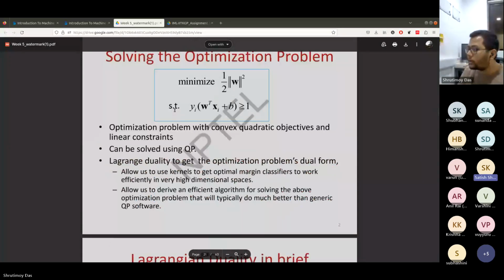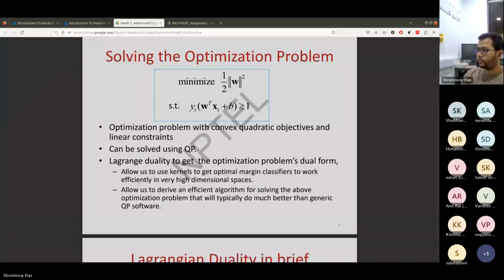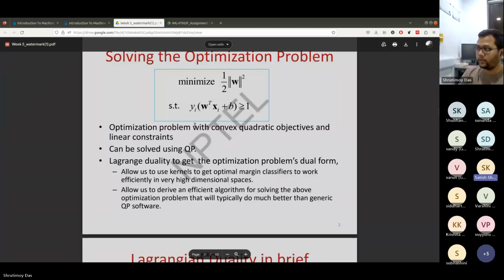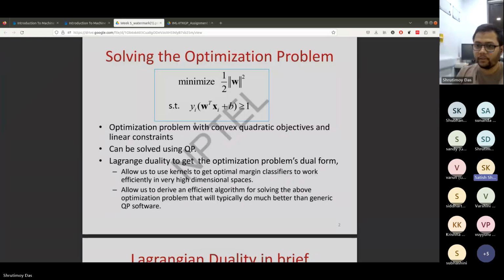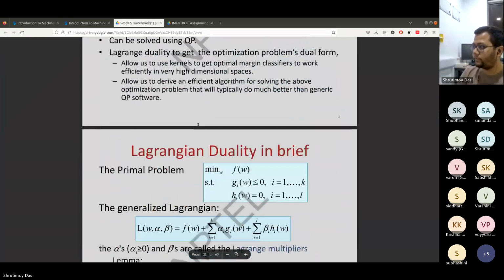You can bring this one to this side and multiply by minus one on both sides. Then you have one minus this less than or equal to 0. I brought the one to this side but didn't multiply, so I got confused. Okay, I understood. Somehow you have to make one equal to the other mathematically.